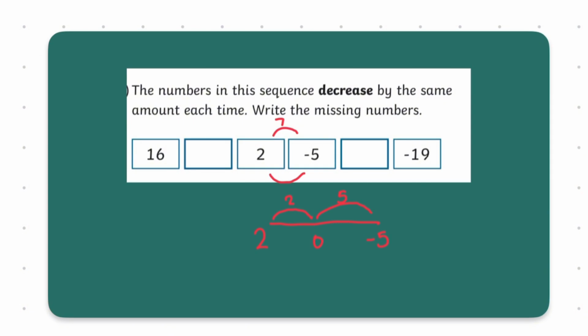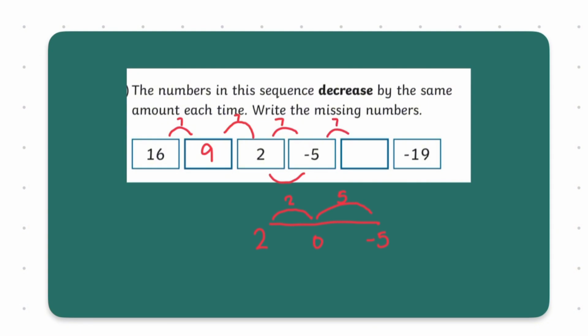So now we can go backwards. So 2 plus 7 gives us 9. But let's check: 16 minus 7 gives us 9. Now -5, we're going to be increasing the number, but obviously when we're looking at negative numbers, the number is technically getting smaller, but the actual digit, what we know it as, will get bigger.